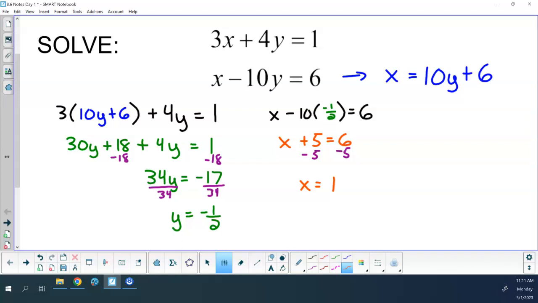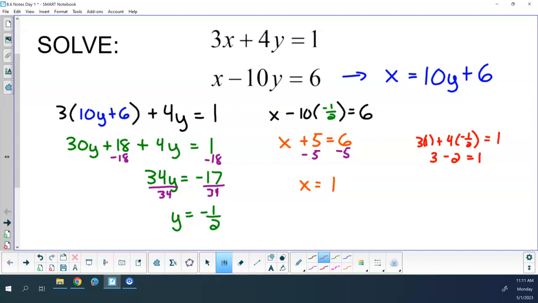Okay. What do I have to do now before I give my answer? I should check, right? Okay. So if I check this, 3 times 1 plus 4 times negative 1/2 is going to be 3 minus 2, which is 1, and that needs to be 1.